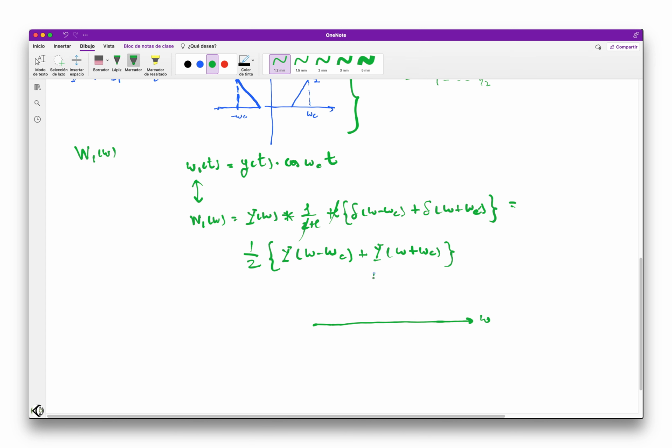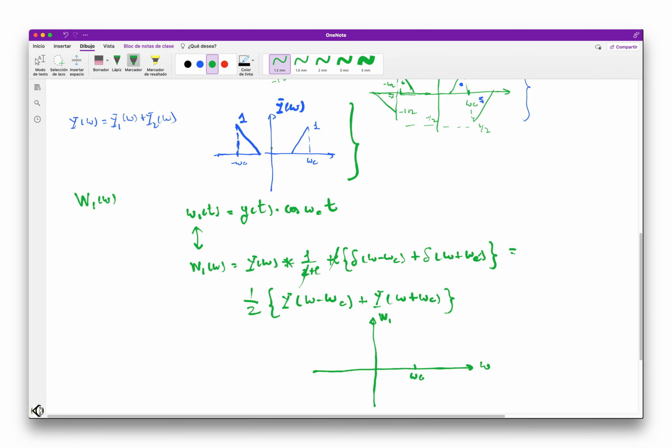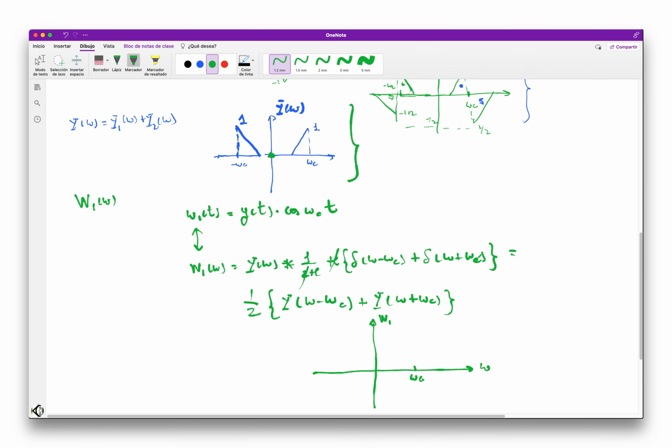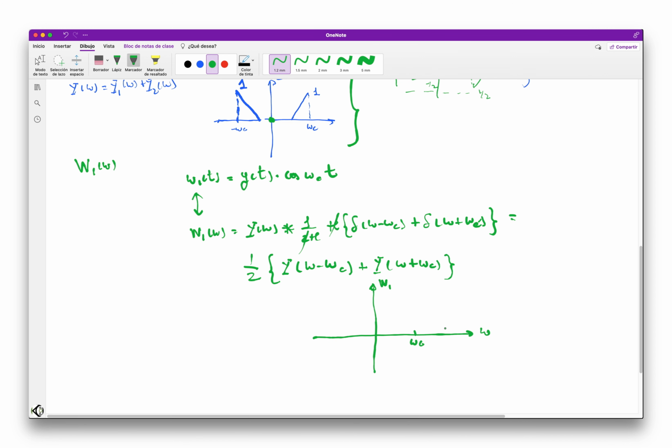Here we are going to put W1 as a function of omega. This is omega carrier, so the point that was at 0, we move it to omega_c, and around that we will have just Y(omega). So to the right we will have this part, and to the left we will have this part.